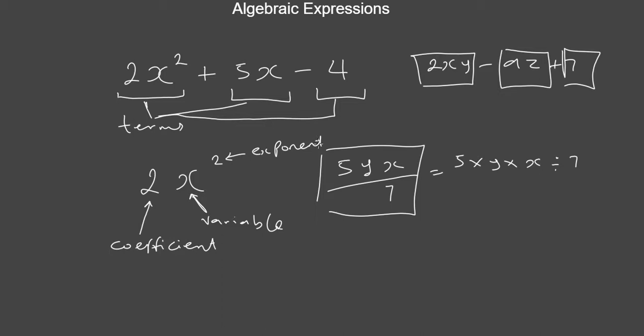So a term is made up of a coefficient, a variable, and the variable may have an exponent or a power. So what is a coefficient? A coefficient is a fixed number that you multiply to a variable. If I have something like 5a, 5 is the coefficient of variable a.